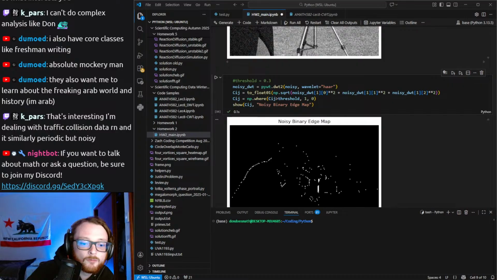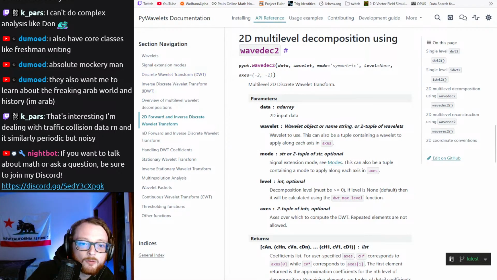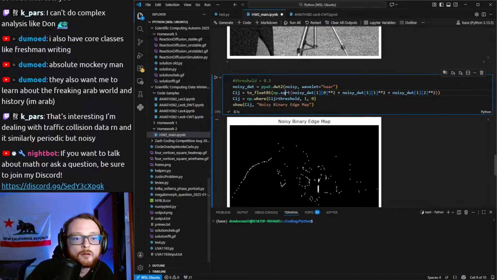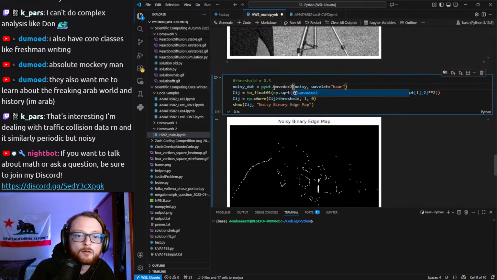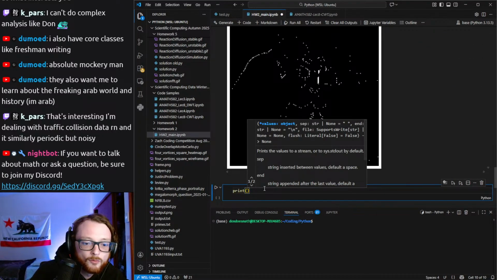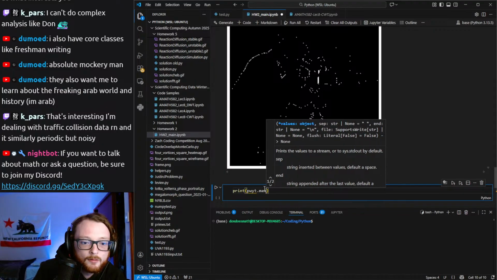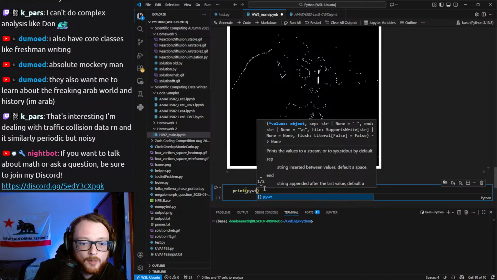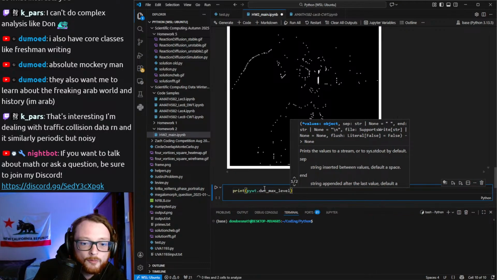And so instead of using DWT2, I want to try using Wave Deck 2, I guess. And actually, print pywt dot, wait, oops, pywt dot dwt max level, wait, well, dwt or dwtn?